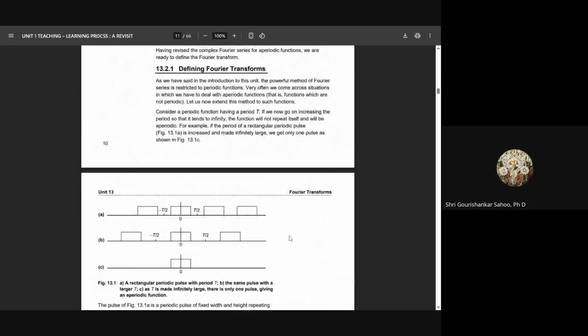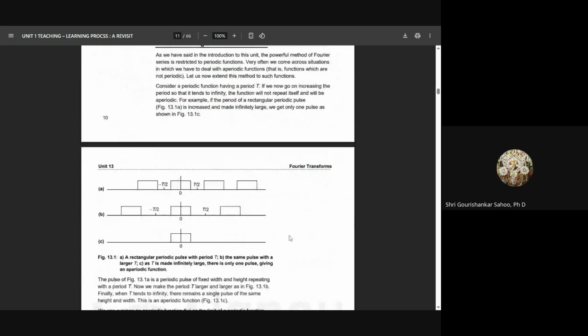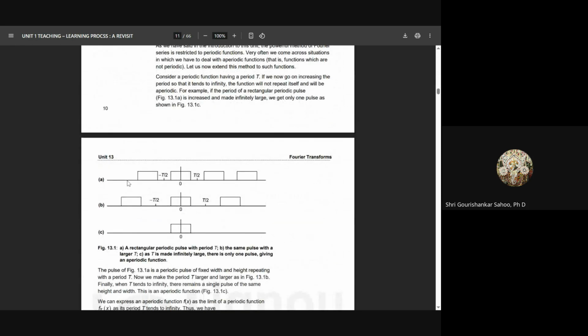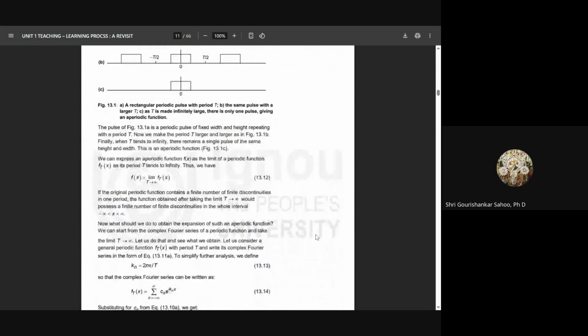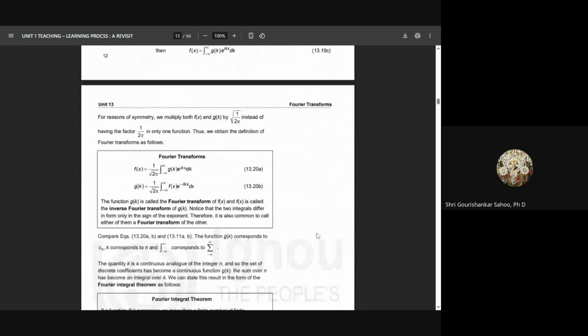Consider a rectangular periodic wave pulse with period T; you can see the same pulse with larger T, and T may be made very large. This is then not periodic, and for that the following is very important.